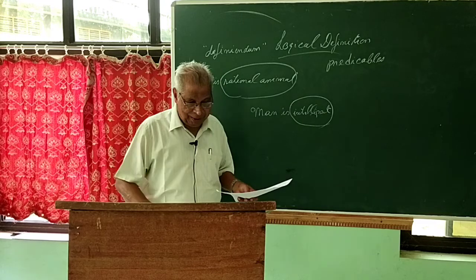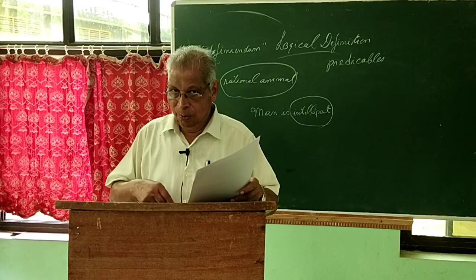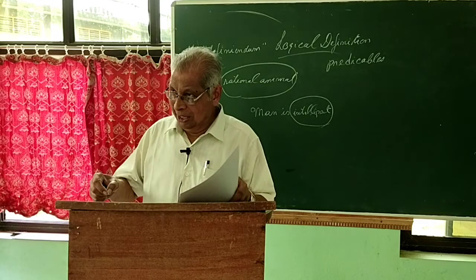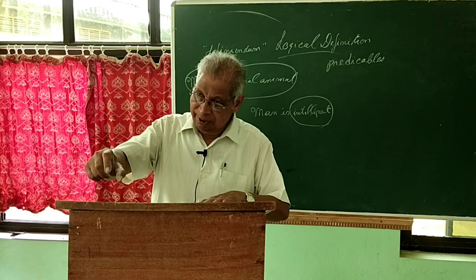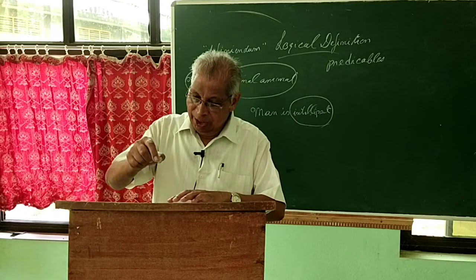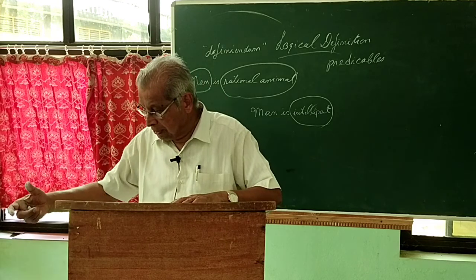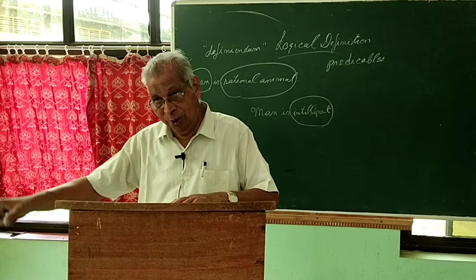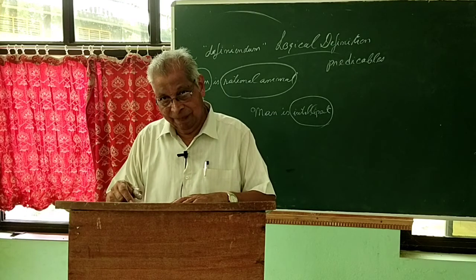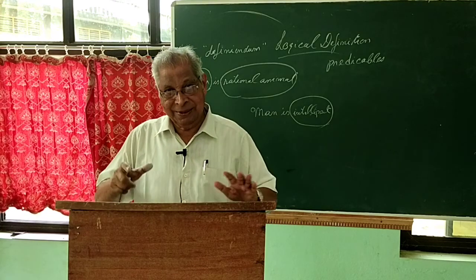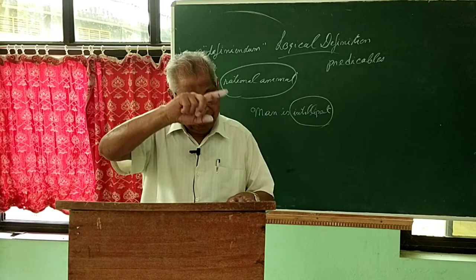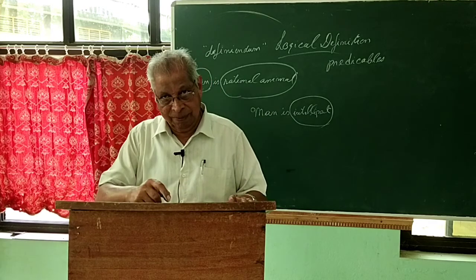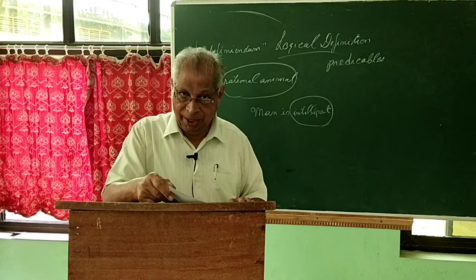I am clear in my expression: the various kinds of predicates. With regard to a subject, we say the table is made of wood. Made of wood is a predicate. That is one type of predicate. Thus, there are five kinds of predicate, all put together under the name predicables.